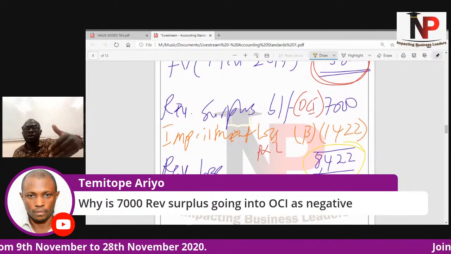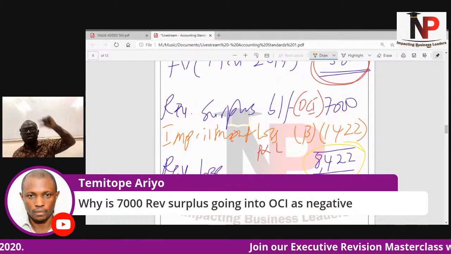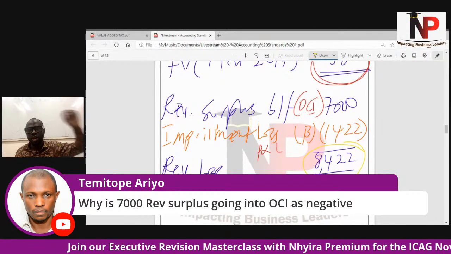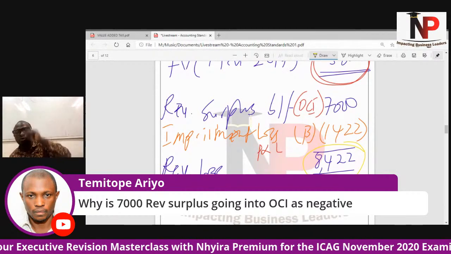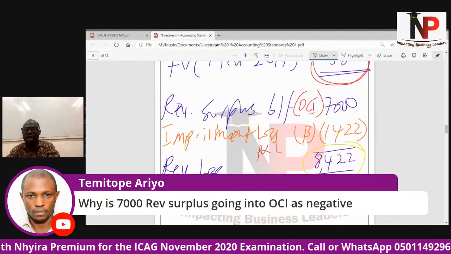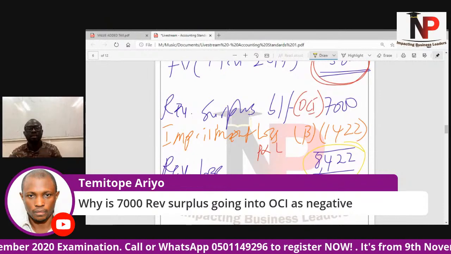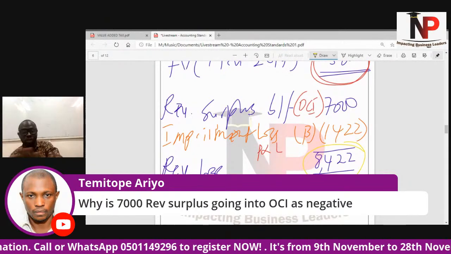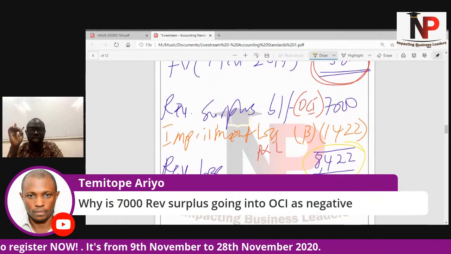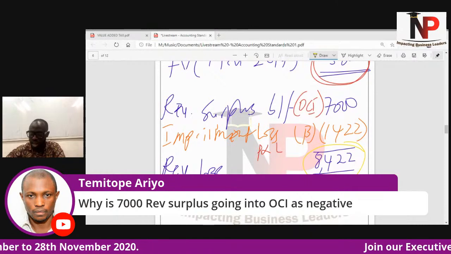What goes to the OCI should be the equivalent of the revaluation surplus previously recognized. That is why the 7,000 is going into the OCI as a negative, because it's not a surplus. It's the surplus brought forward that we are going to be writing off in the OCI. Does it make sense? Ario, let me know if it does.